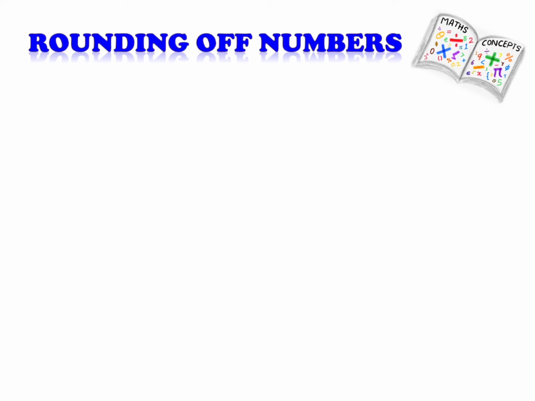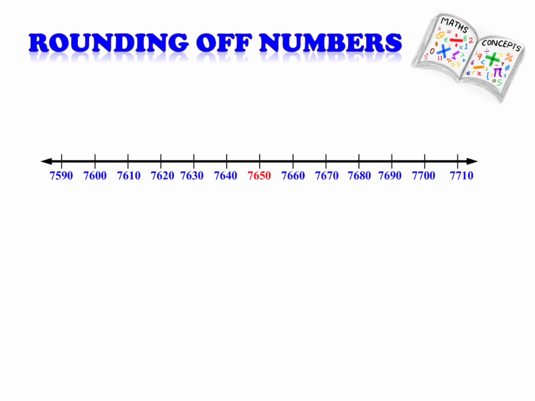Now let's see rounding off to hundreds. Similar to the earlier number line, I have picked up random numbers here. This number line has numbers from 7590 to 7710 and the difference between two markings is 10.